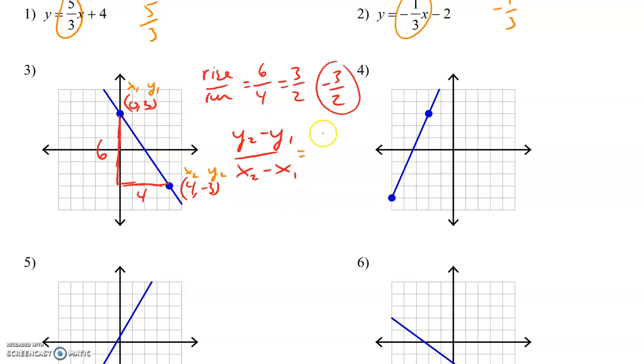So my y2 is negative 3, my y1 is 3, my x2 is 4, my x1 is 0. Negative 3 take away 3 is minus 6, 4 take away 0 is 4, and you end up with negative 3 over 2, which is the exact same thing that we had over there. So it gives you the same result. I'm going to stick with this form usually because it has some advantages for what we're going to do a little bit later on, but it doesn't really matter too much.